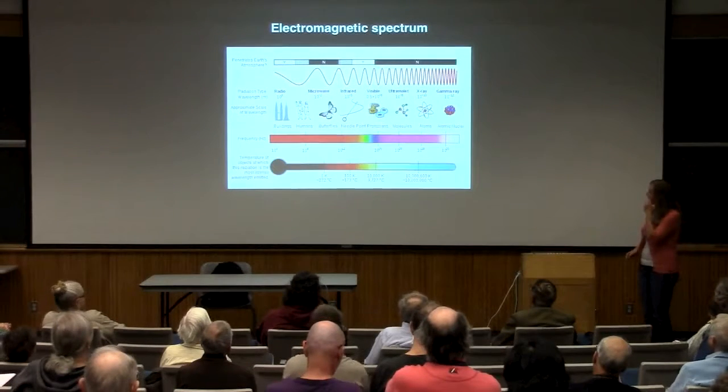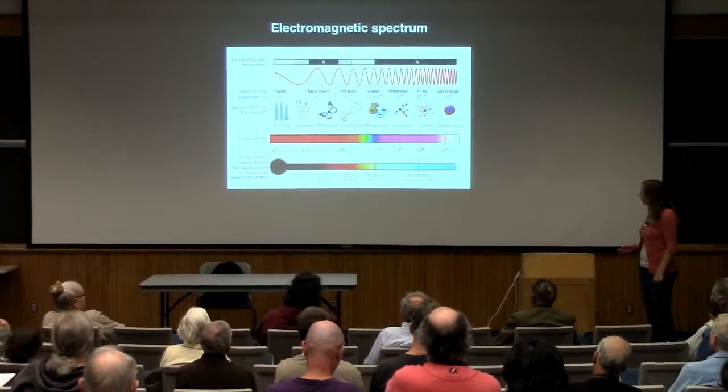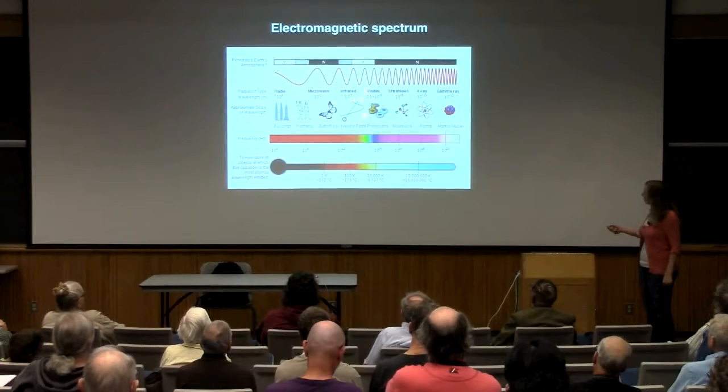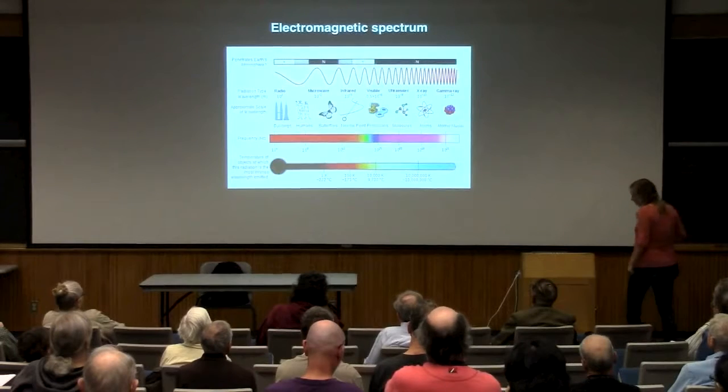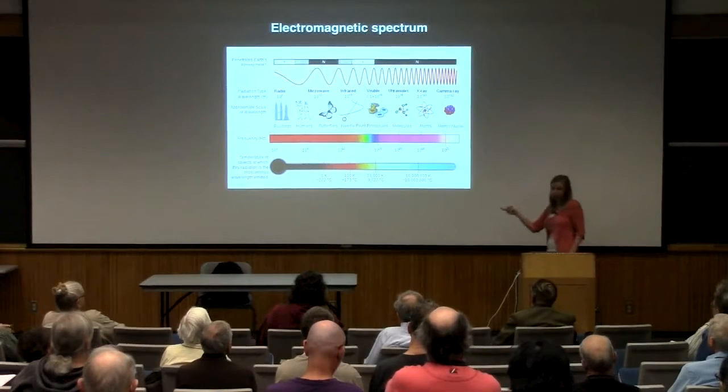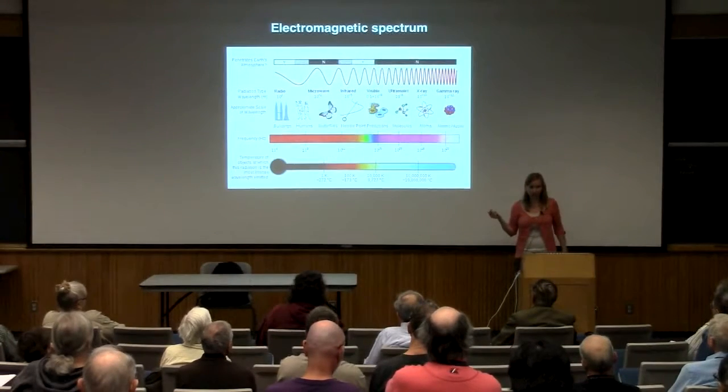So this is the electromagnetic spectrum as we all know it. Here you see the visible regime, to which our eyes are sensitive. You have the infrared where it becomes hotter, the microwave, we all know that one, UV radiation, X-ray, gamma ray, all these types of radiation we receive from galaxies.